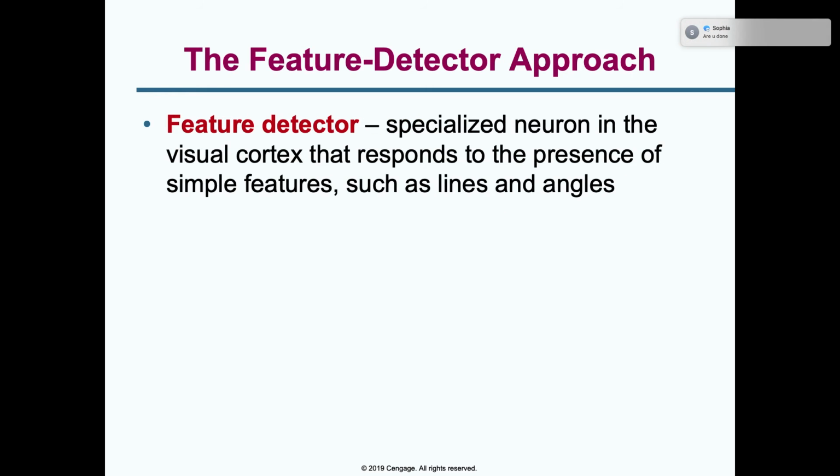All right. Then we have this feature detector approach, where how do we actually recognize objects and patterns? This part of the chapter is really interesting, and I probably will spend some time on it in class, because it talks about these specialized neurons in the visual cortex that respond to specific things like lines and angles. Let me give you an example.